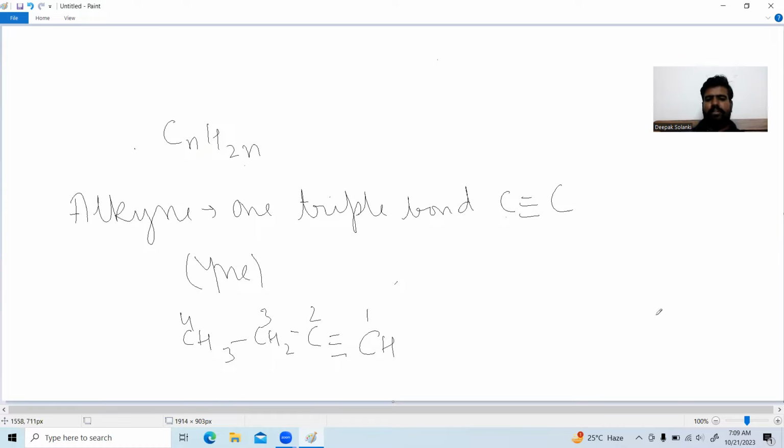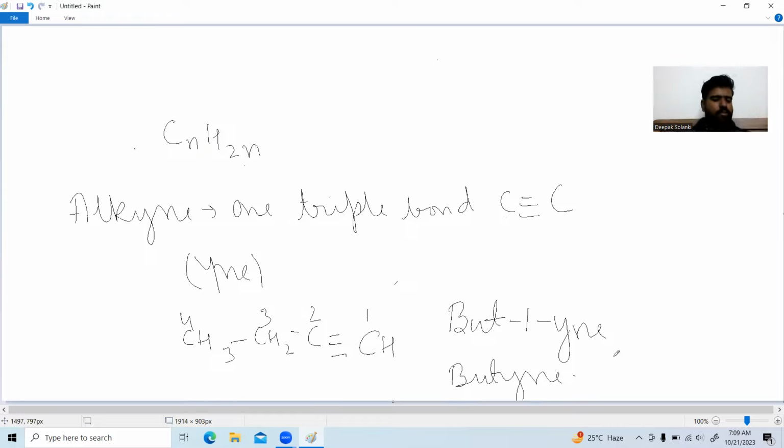There are 4. Then what will be the prefix? Prefix used is but. And the position in which the triple bond is there is the first position, and the suffix will be YNE. So it is but-1-yne.